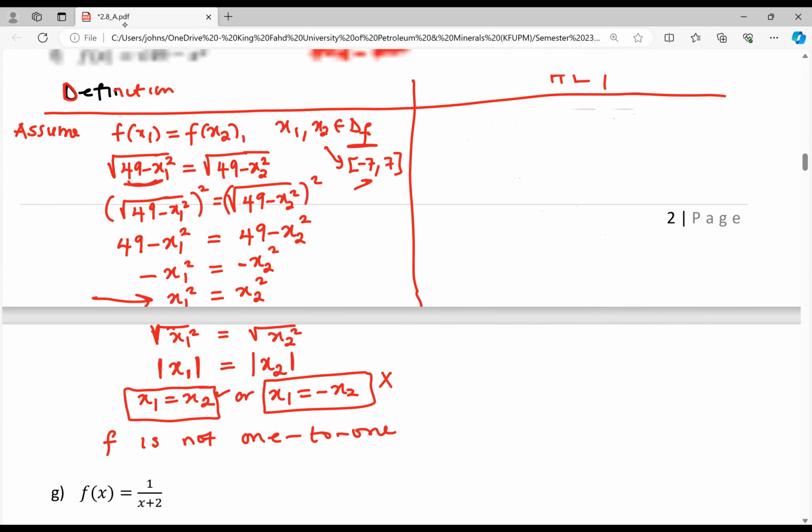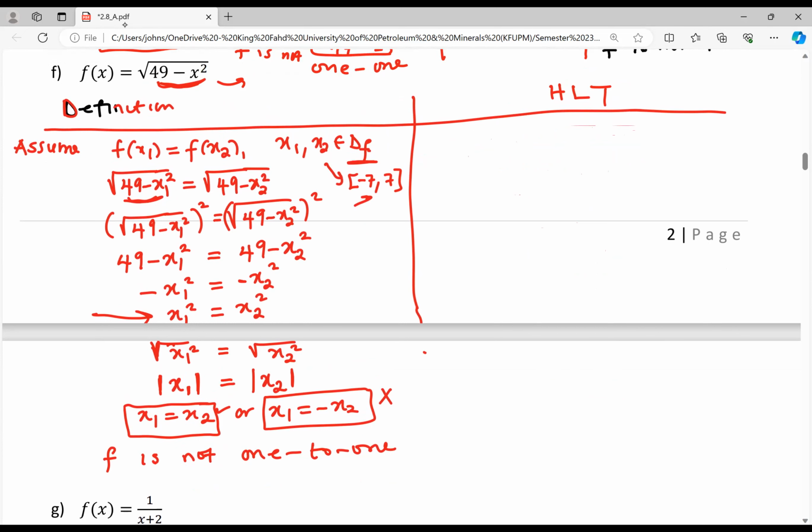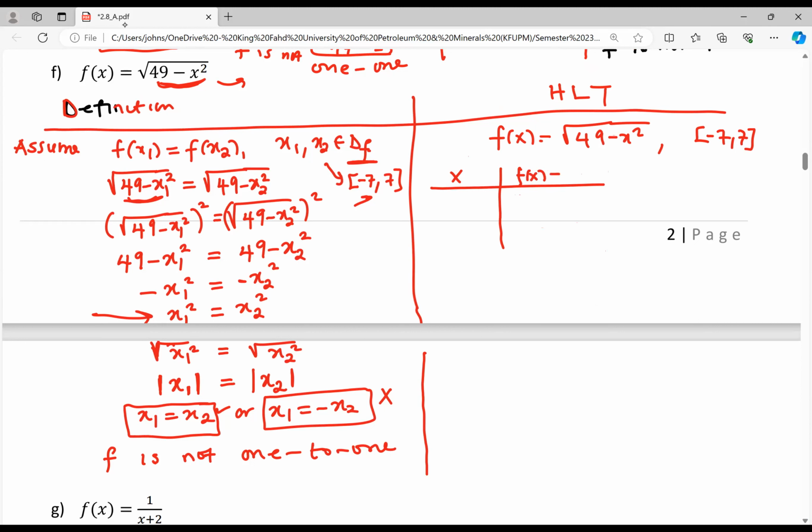To graph this, we can see that this function is root of 49 minus x squared. This is just like a half circle. But if you want to see this clearly, remember I just discussed that the domain is going to be minus 7 to 7, right? So you can pick some values of x, and also you can pick and get your function, right?